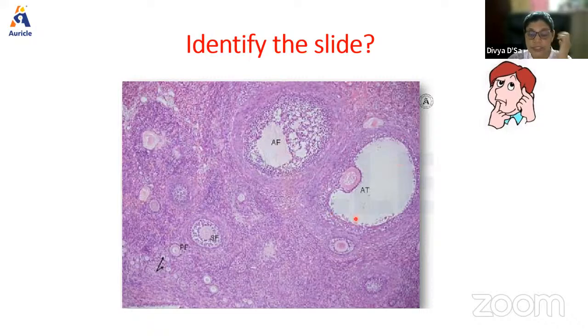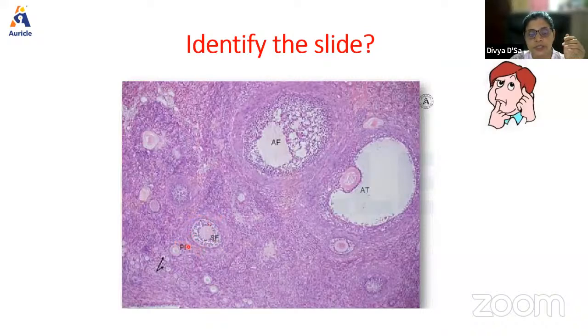Since we see these different stages, this is the primordial follicle. The primordial follicle will have the oocyte, which is covered by a single layer of cells. Then we see the primary follicle, where the cells will multiply.